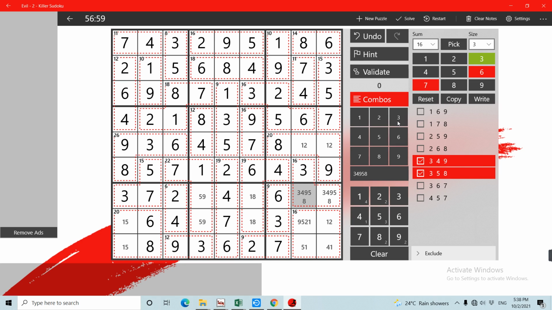And this I cannot have 3, I cannot have 8, cannot have the 4, has to be 5 or 9. Similarly, I cannot have the 3, I cannot have the 5, I cannot have the 9, which means it has to be 4 or 8.